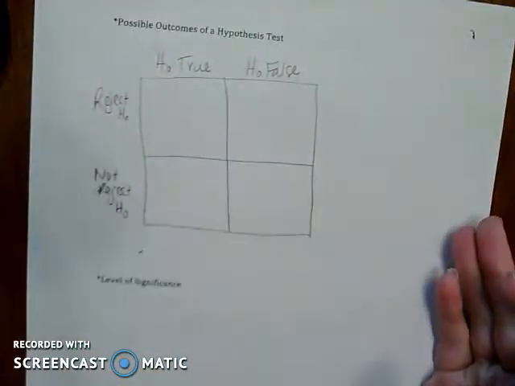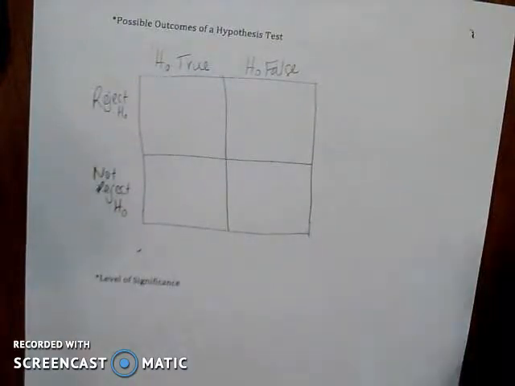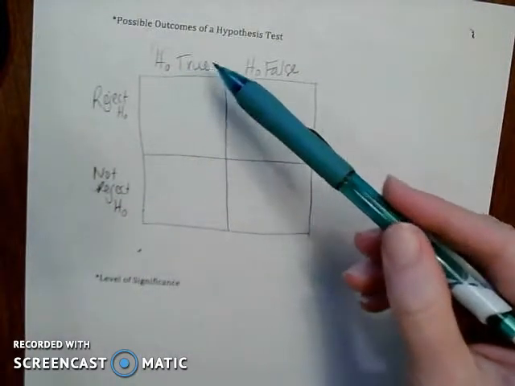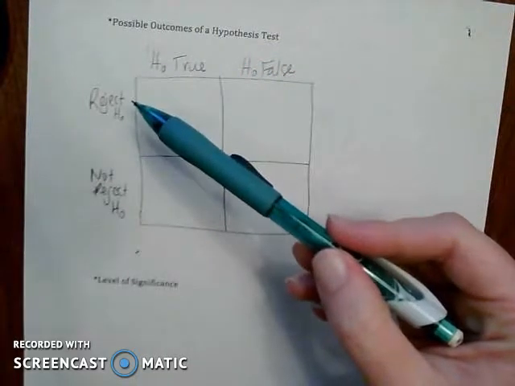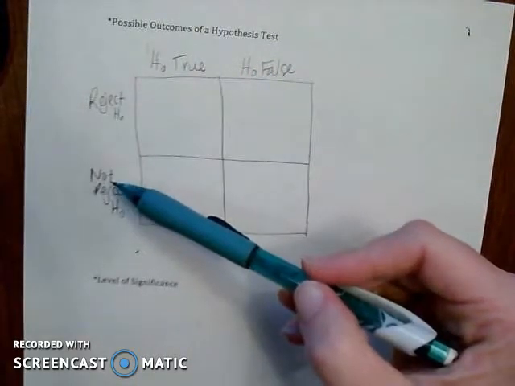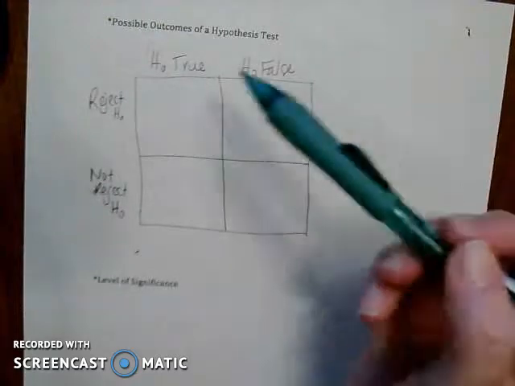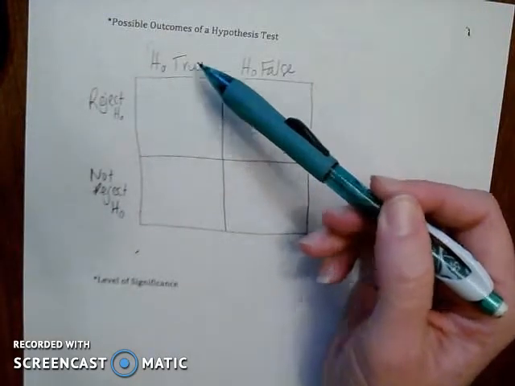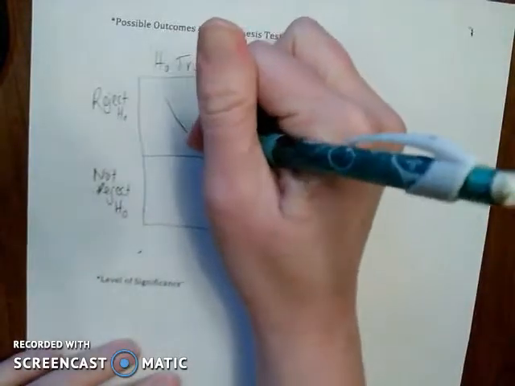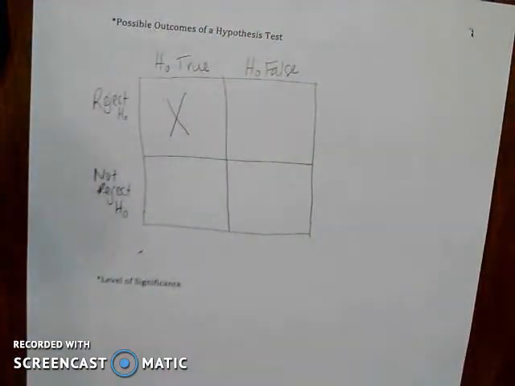So the best way to think about this is a jury trial. In a jury trial, you're either innocent or guilty, but the jury can either convict or not convict you. Okay, so sometimes they're wrong, unfortunately. So if it's true, but we reject it, that is a bad thing. That would be a mistake.